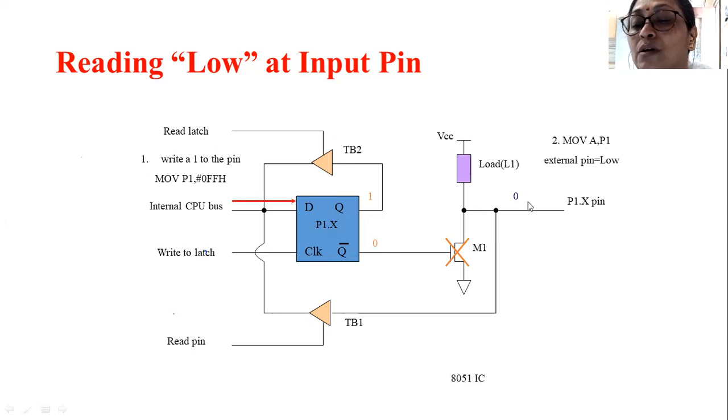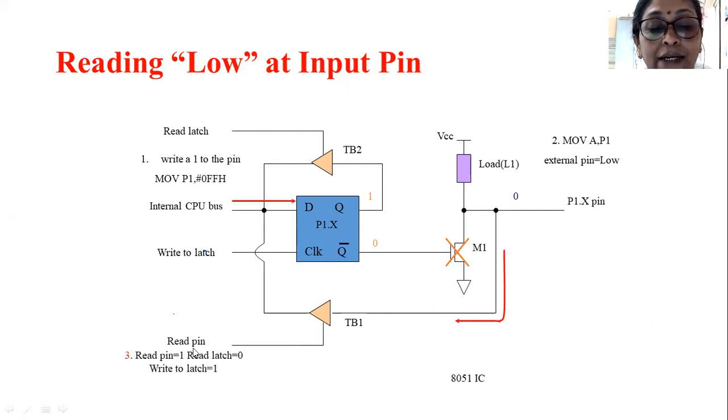So 0 is written over the port P1.x externally, and now this 0 will be transmitted to the input of buffer 1, and by writing 1 to this read pin, this buffer will be enabled and data will be sent to the output of this buffer, and through output of buffer the data will be sent back to the internal data bus of the CPU.